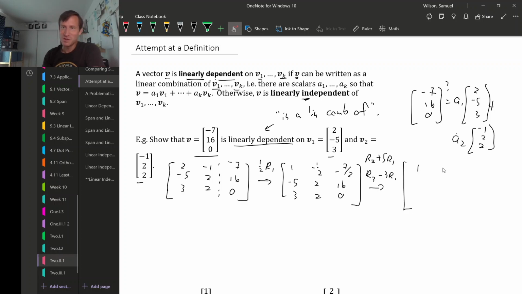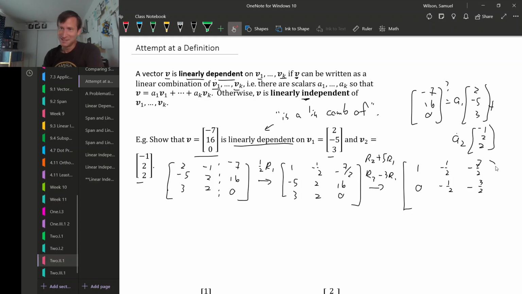Okay, so that gives us 1, minus a half, minus 7 halves. And then, let's see, 0, and then minus a half, and then, oh boy, 5 times 7, so 35 halves, negative 35 halves plus 32 halves, so minus 3 halves.